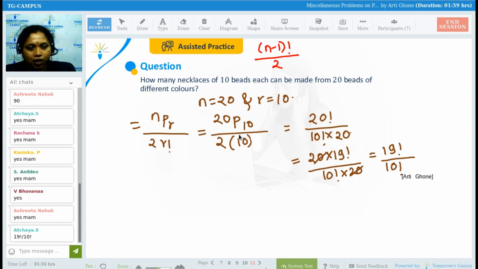No need to calculate, just understand the process. Clear? 19 factorial upon 10 factorial. Now add this to your dictionary: whenever there is a necklace, it will be a round arrangement only. Okay? Next.